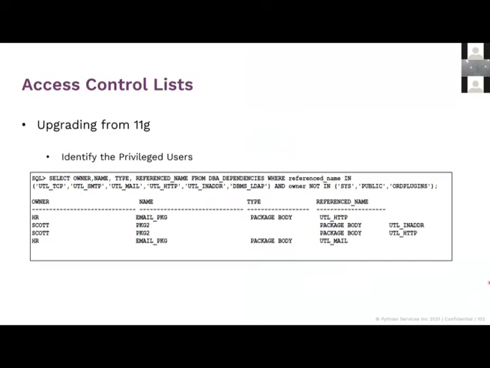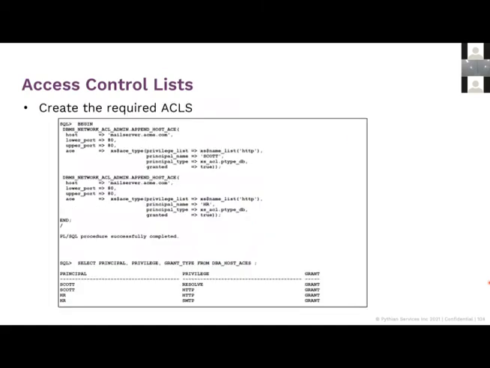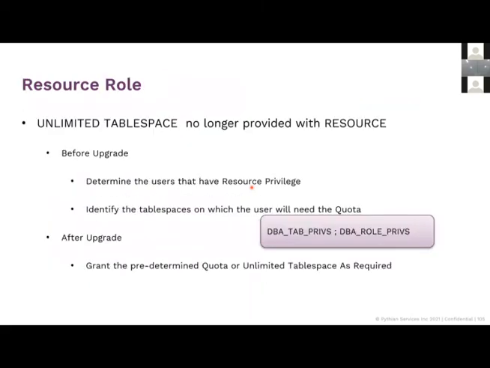After 11g, these grants have been converted into ACLs. You can think of it in that manner. So you have to identify what the grants were on UTL_HTTP or UTL_MAIL in this particular example, and then you need to use specific procedures to grant appropriate access to those particular ACLs, right? This is the way you do it once you've identified what the grants were.